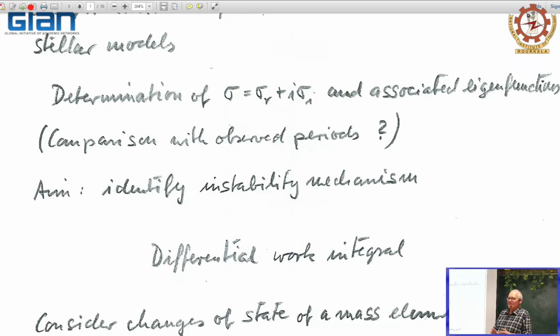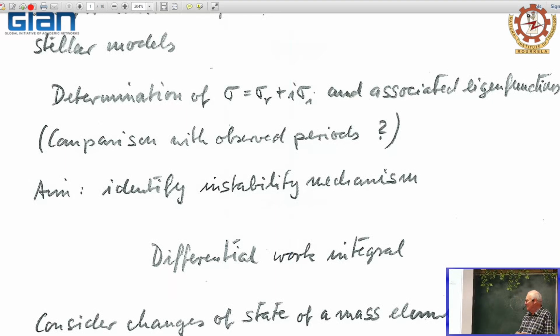So if this hypothesis is right, the star must act as a huge Carnot-type heat engine which transforms heat energy into mechanical energy. Okay? So it's a big diesel engine operating in the universe.